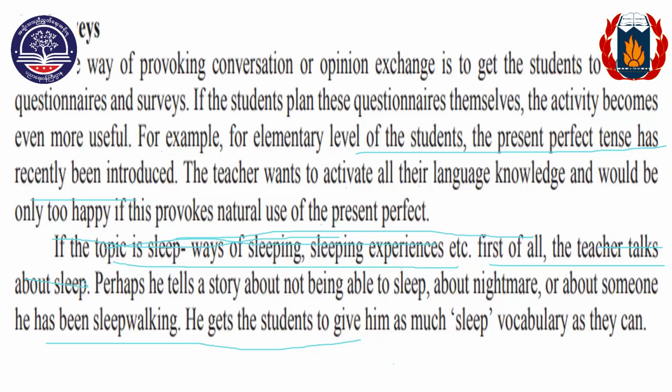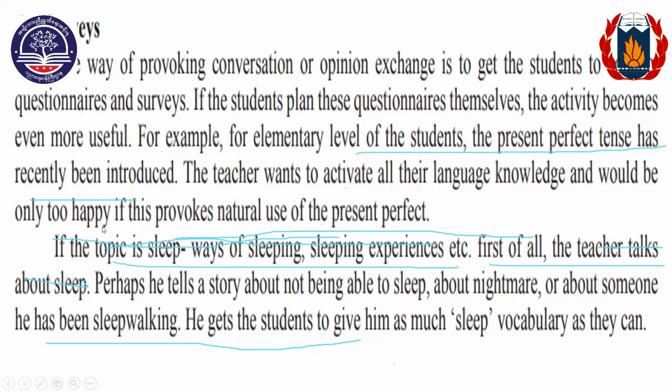In order to get vocabulary and new words, firstly, the teacher talks about sleep, or he tells a story about not being able to sleep, about nightmares, about someone who often sleepwalks. In this way, students will get many words about sleep.